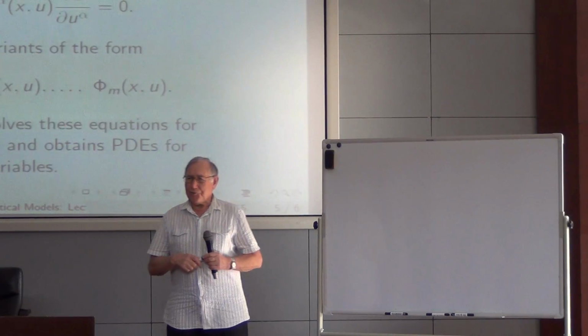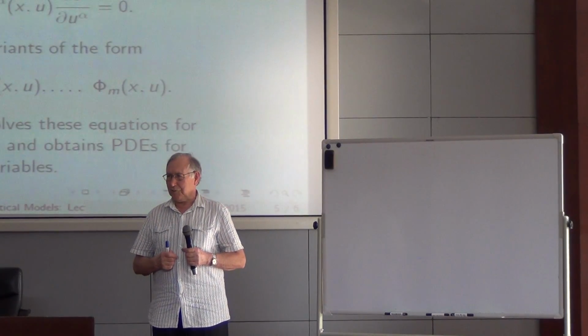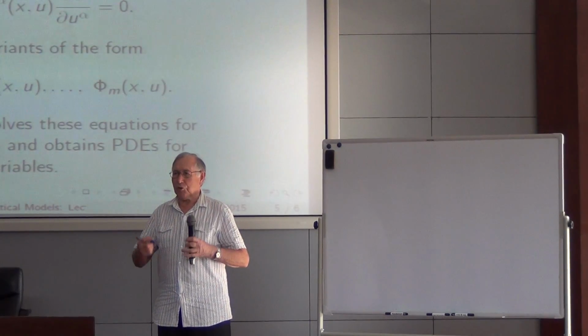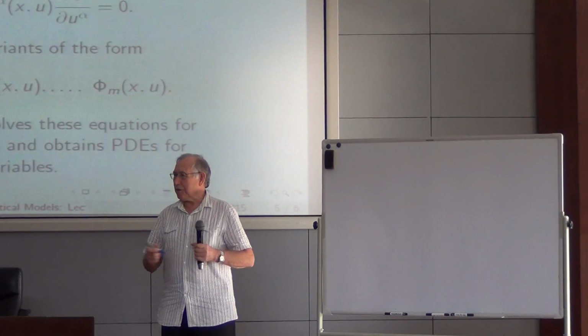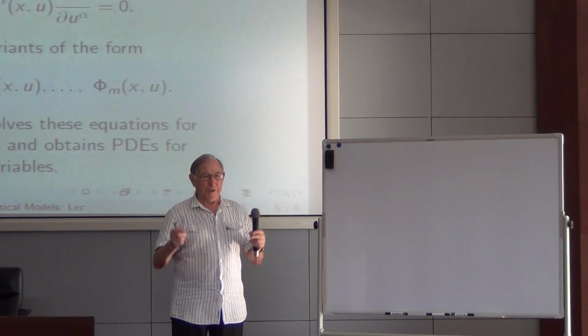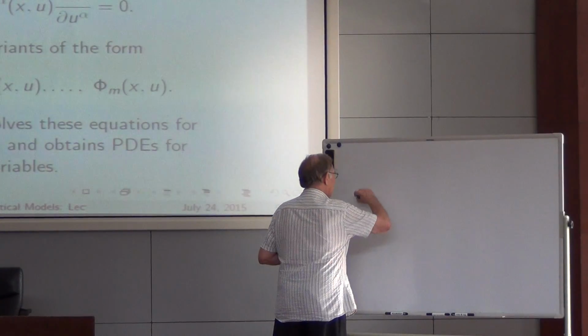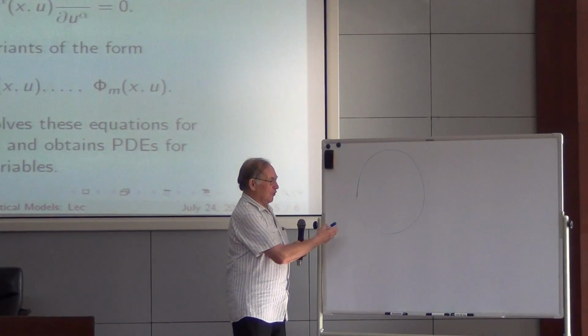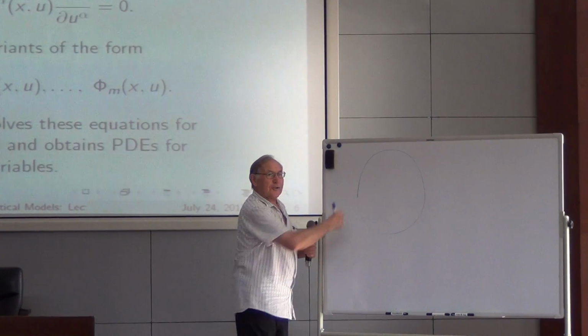Now, if you consider all solutions of this equation, it doesn't matter whether you can calculate it or not, just imagine all solutions. They fill a big set. So let me just denote this set of solutions like that. It's just a set of all solutions.